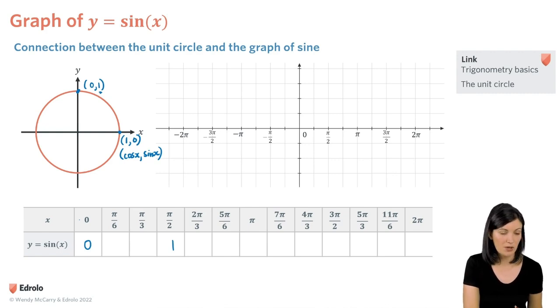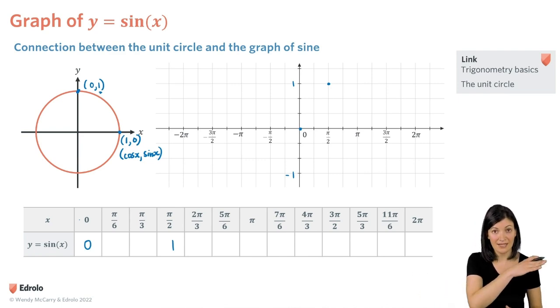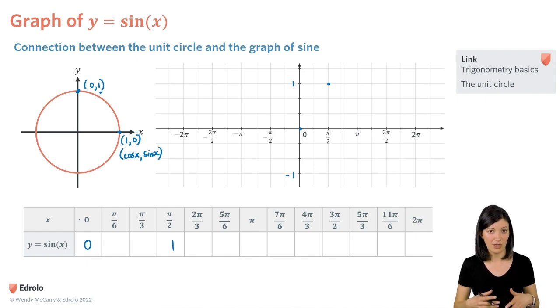My first coordinates are (0, 0), and the next point is pi on 2 radians and 1. I'll label this as 1 here and negative 1 here. So here's a second point on my y equals sine x function. You'll notice that the x-axis is labeled in terms of radians because that's what we're typically using here. We're not going to be using degrees much more in Methods.